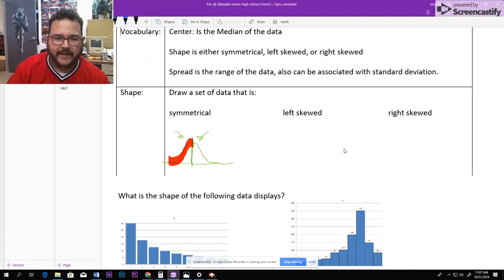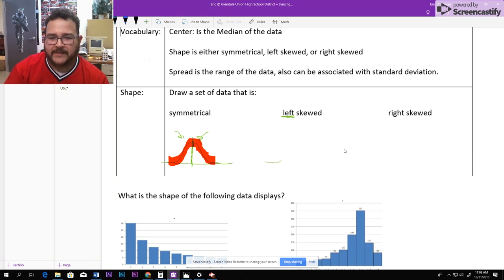So this is the left tail because it's on the left side, and this is the right tail. They are typically equal, the same size, in a symmetrical data set. However, we can have skewed data. When it says left skewed, it means that our left tail is longer.